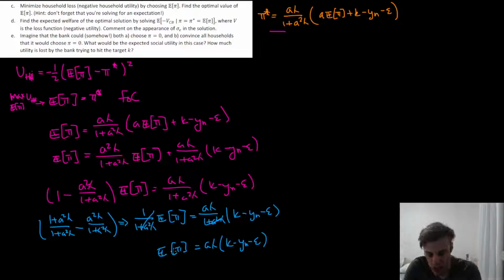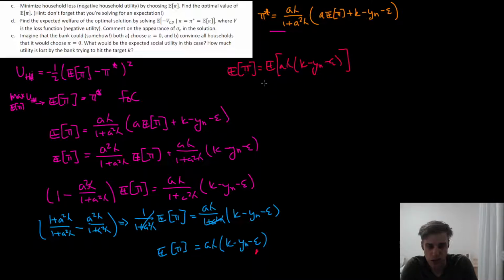But this is an expectation, so this should be an expectation as well. So we need to take expectations of the right-hand side because expectations can't be random. That doesn't make sense. And this is random because we have this epsilon here, right? So the expectation of pi is going to be the expectation of A lambda times K minus YN minus epsilon.